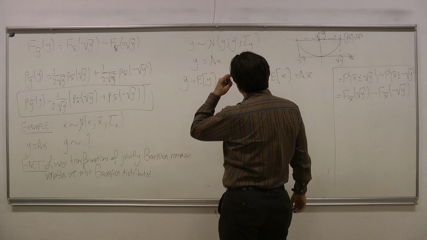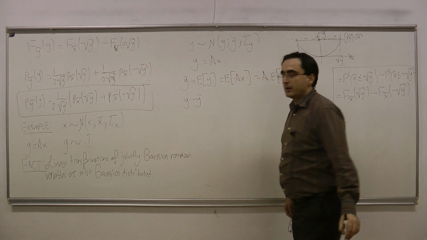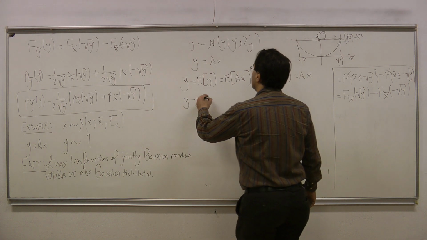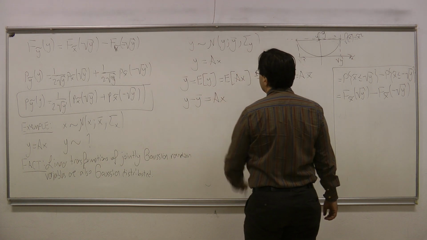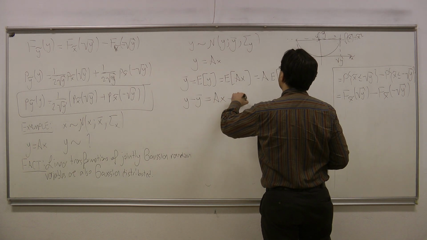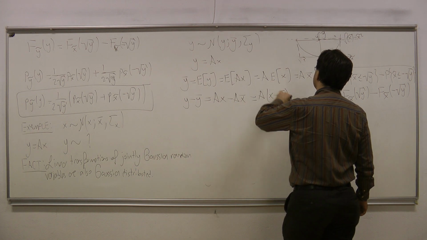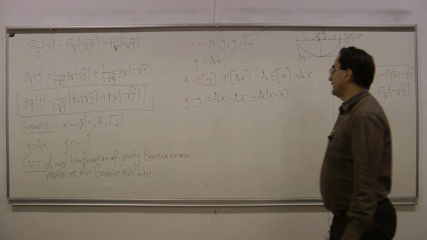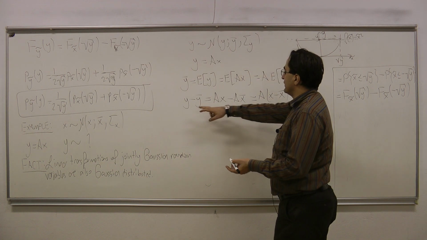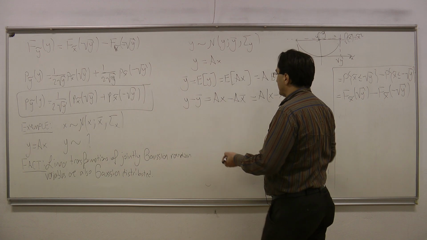In order to be able to calculate sigma y, I will first calculate y minus y bar. Y minus y bar is this one. Y is A times x, minus y bar is A times x bar. So this is A times (x minus x bar). Okay? In order to be able to calculate the covariance of y, I need to calculate the outer product of this vector with itself.